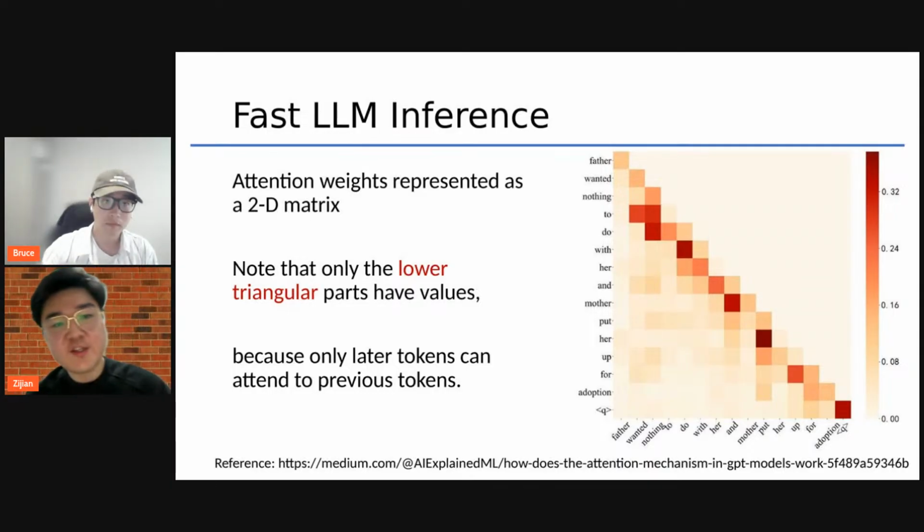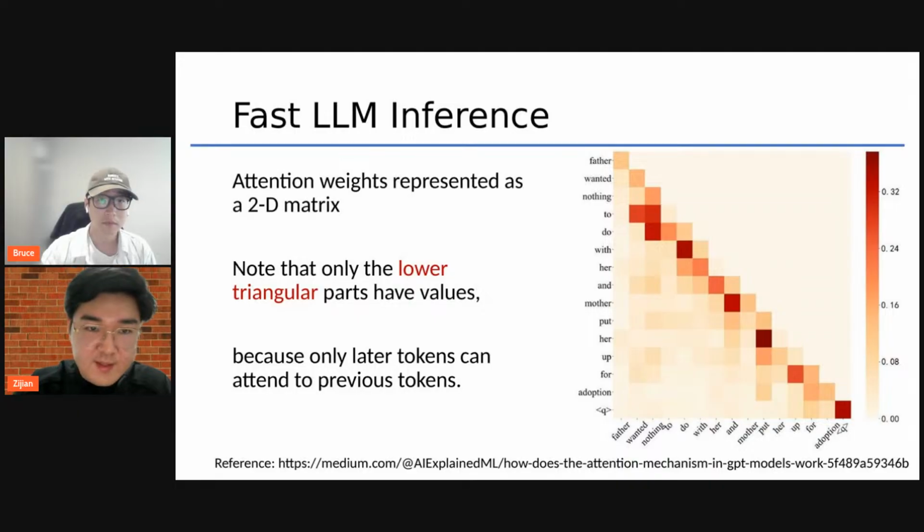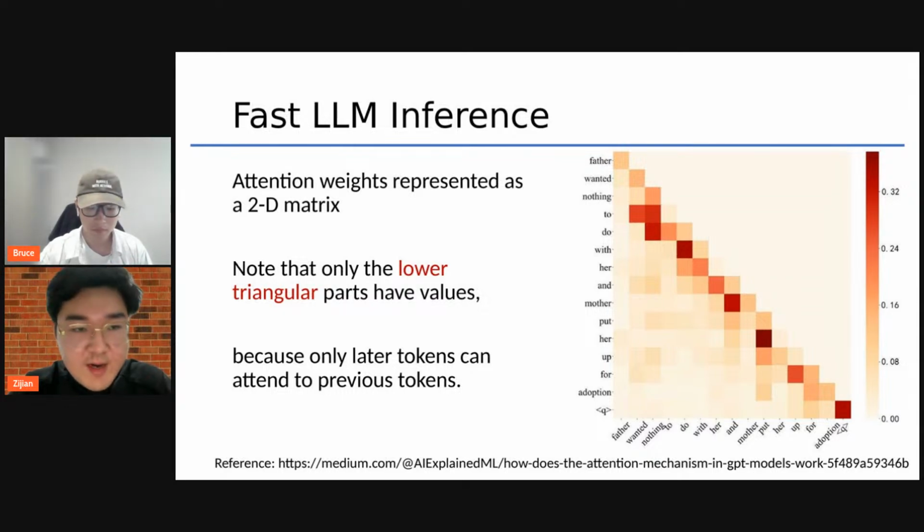So how does this attention work? The attention weights are represented as a 2D matrix, as you can see on the right. It basically represents the interaction between tokens in the sequence you have so far.